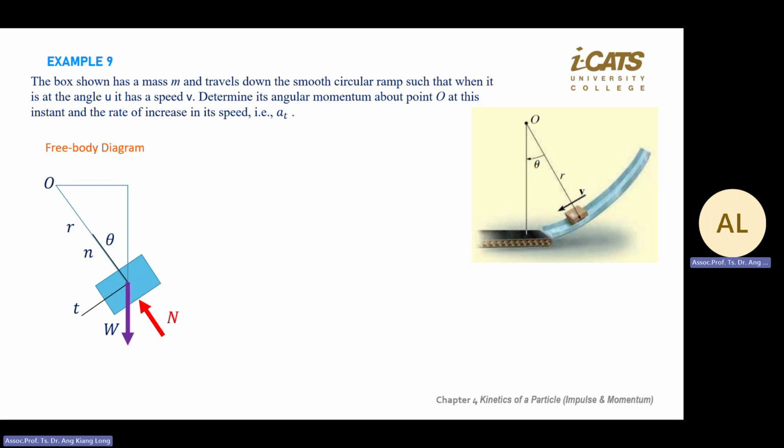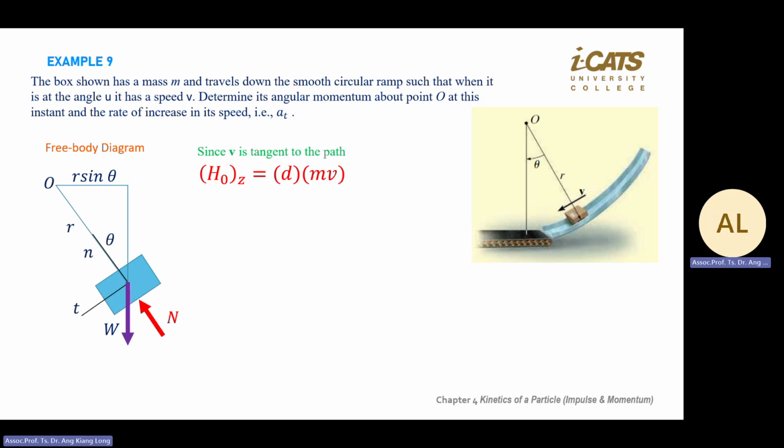Okay, so this is just some expansion of your diagram. This is a horizontal axis, r sine theta, this line. It is your hypotenuse and the side in front. We know that v is always tangent in curvilinear motion.